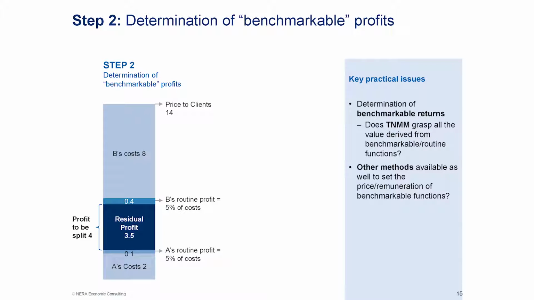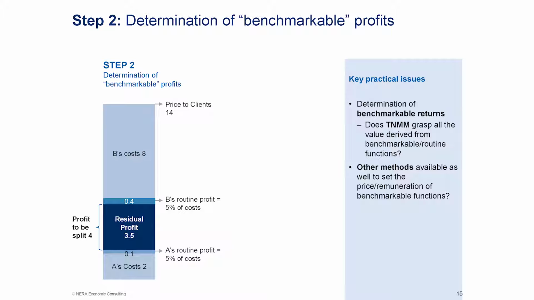Here you can see we assume 5% of cost for A. We also assume 5% of cost for simplification for B. That gives benchmarkable returns of 0.1 and 0.4 respectively. All numbers are really fictive. And that leaves a residual profit of 3.5, given that the total profit to be shared was 4 at the beginning.